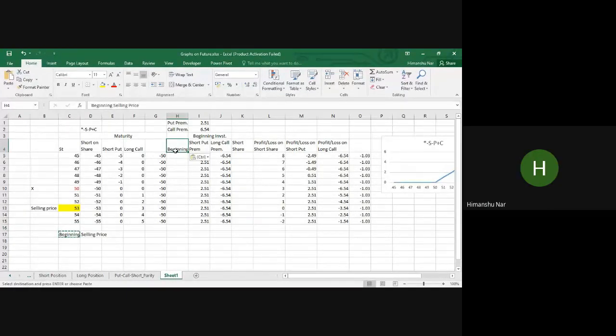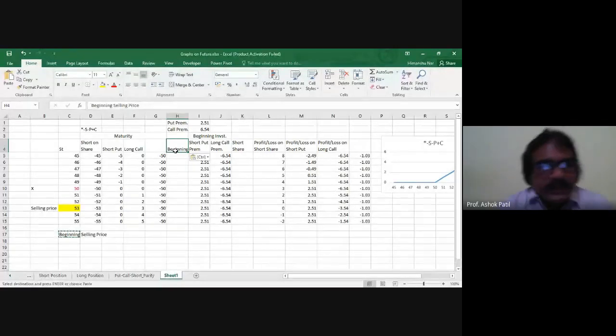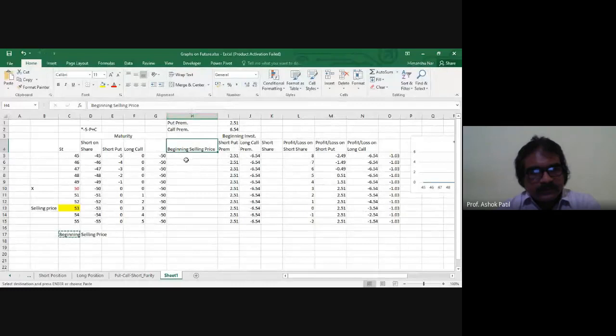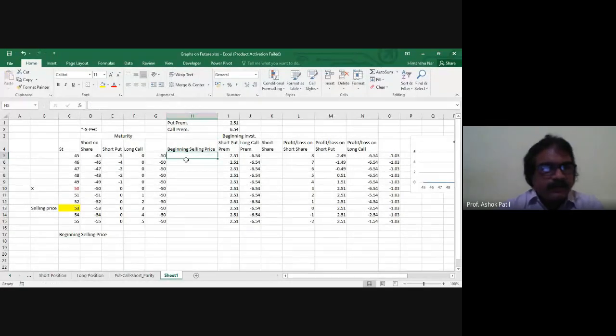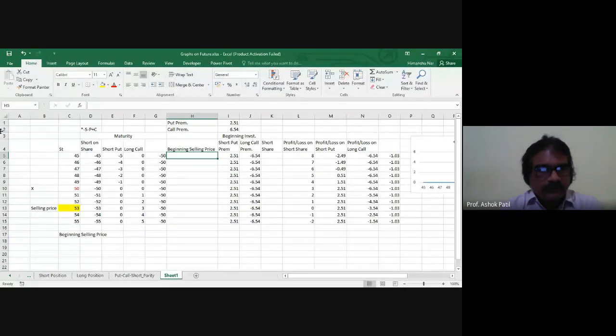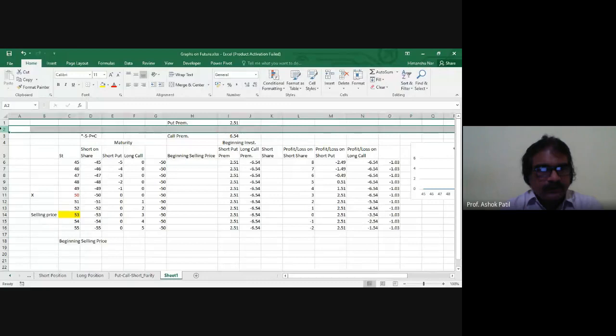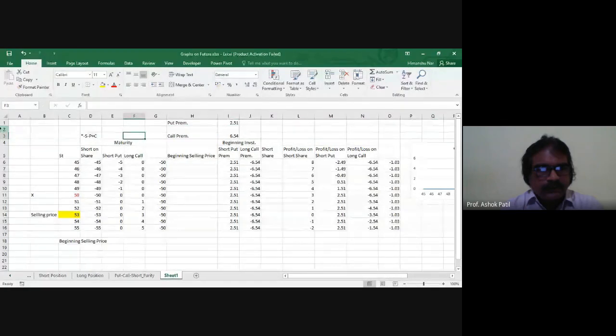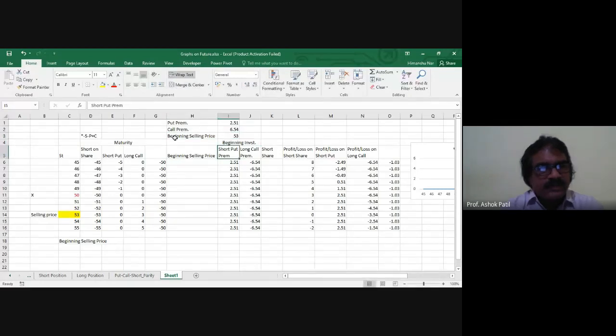So beginning is how much? 53. So you can add one row and put that, above. So how much is that? 53.